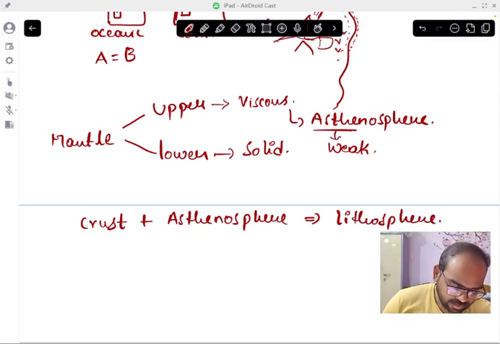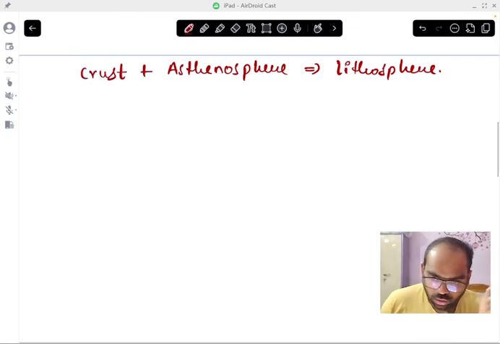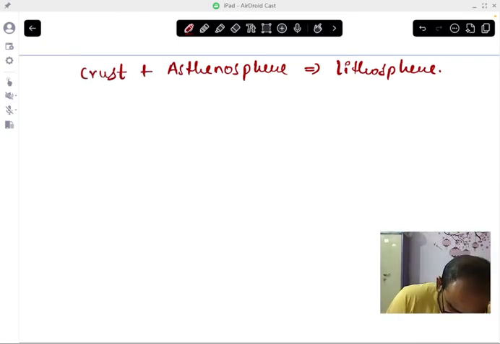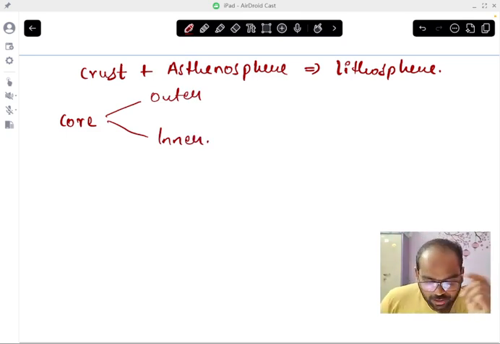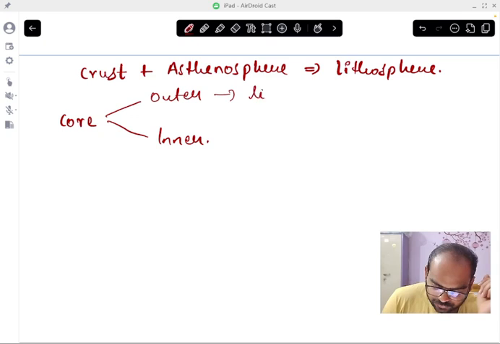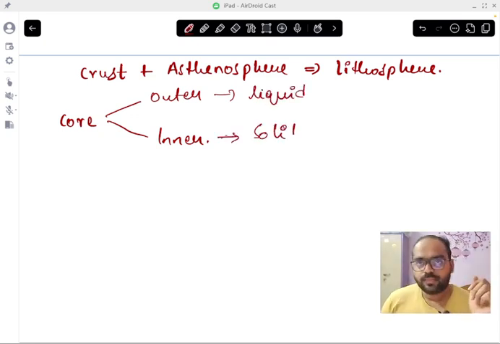After the mantle, we have the core. Core is outer and inner. The outer core is liquid in nature. The inner core is solid in nature.